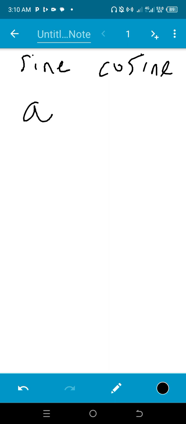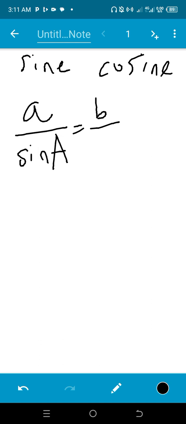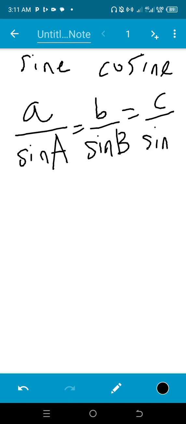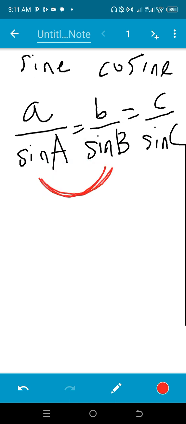It goes this way: a over sine A equals b over sine B equals c over sine C. So you can pick one of them. You can pick this and this if one of the unknowns is in between them.